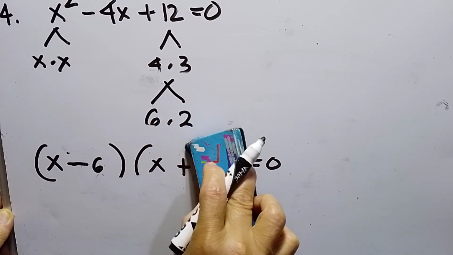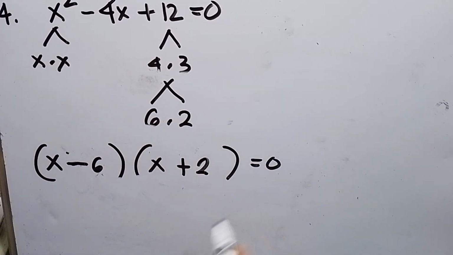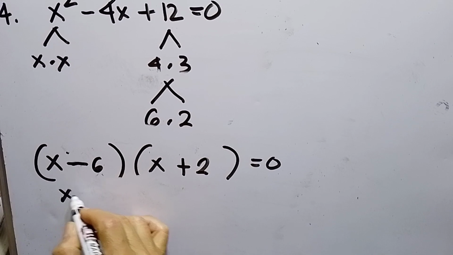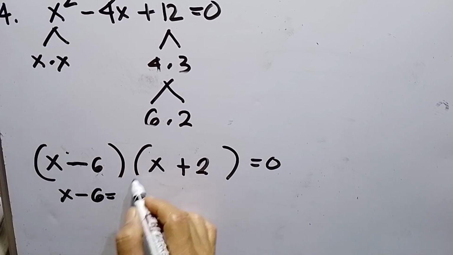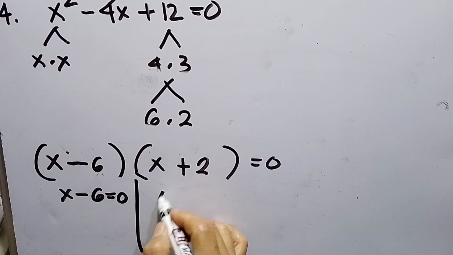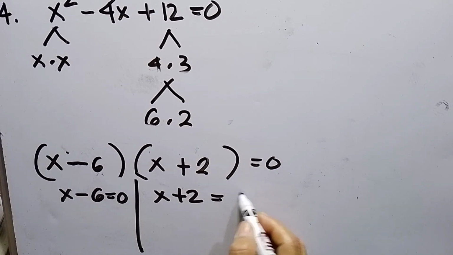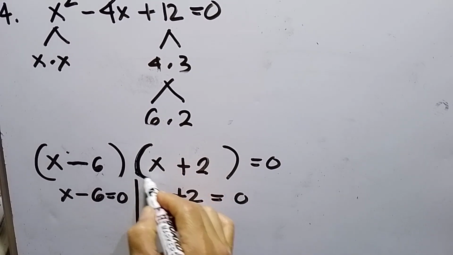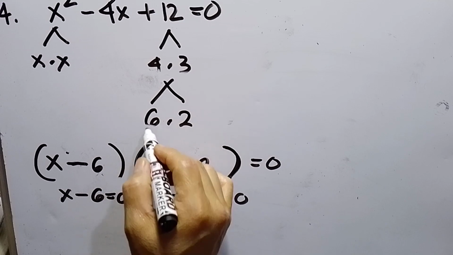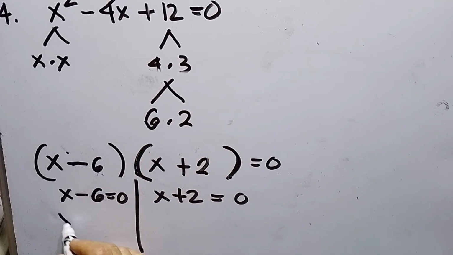So we come up with x minus 6 and x plus 2 is equal to 0. So my first root, x minus 6 equals 0, then this will be x equals 0 plus 6. Transpose to the right, plus 6.